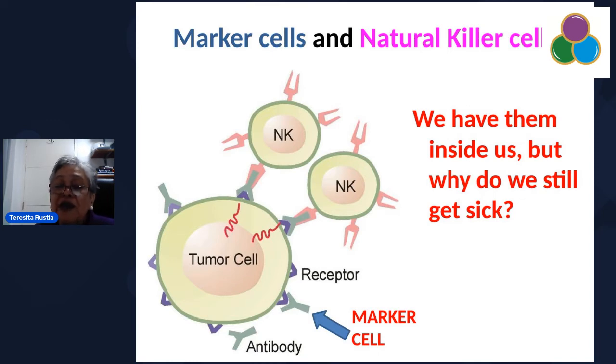Marker cells cannot learn where to attach. So natural killer cells will also not know how to attack a tumor cell because of the absence or incapability of the marker cells. So we must be eating less animal protein. Next slide, please.